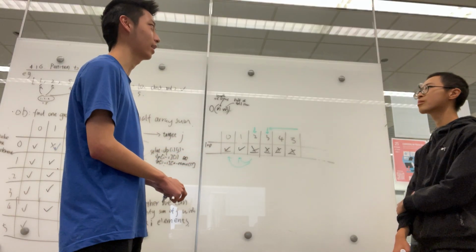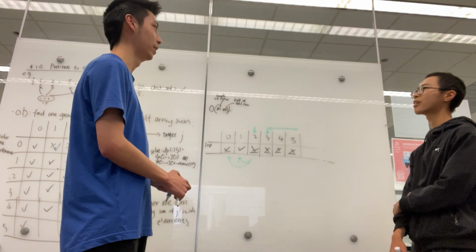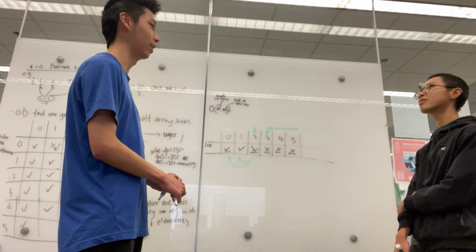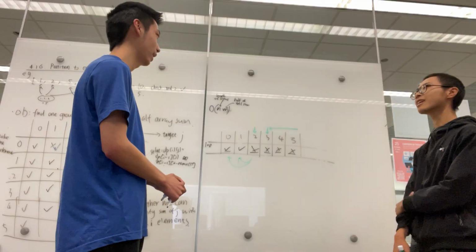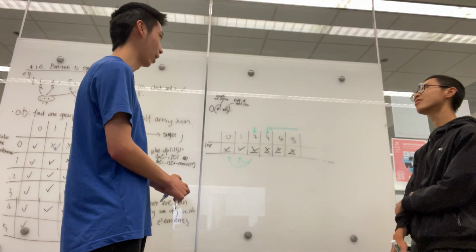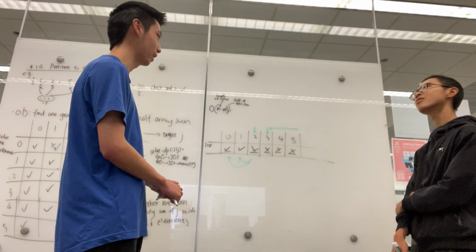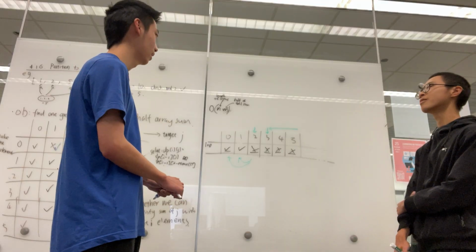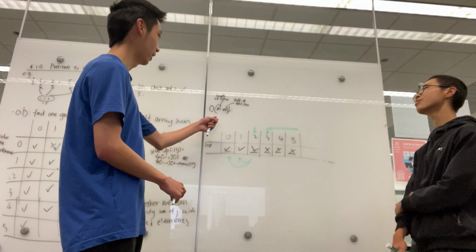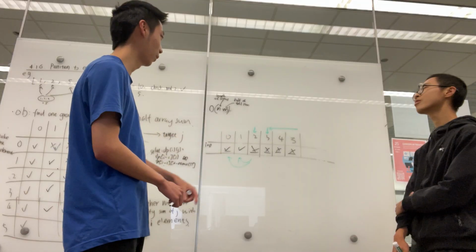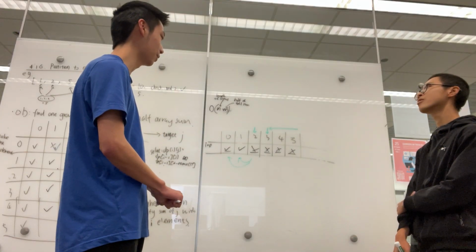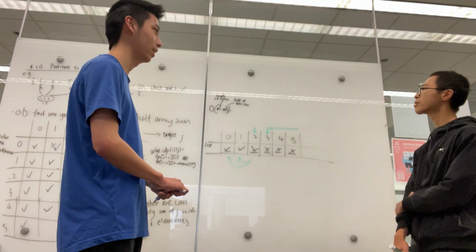I think each element was between 1 and 100 or something. Yep. So theoretically, you could have 20,000. So that's 200 times 20,000. That's actually not too bad. Yeah, it can work.